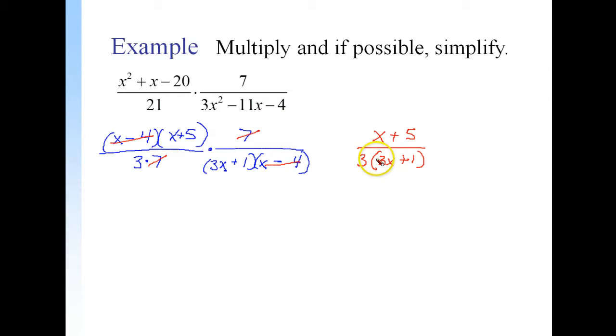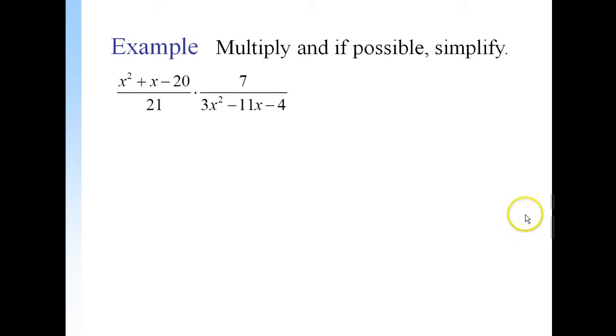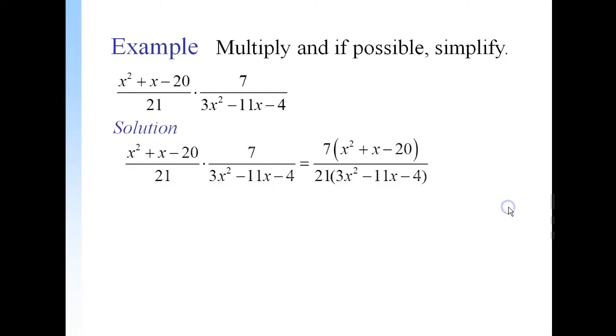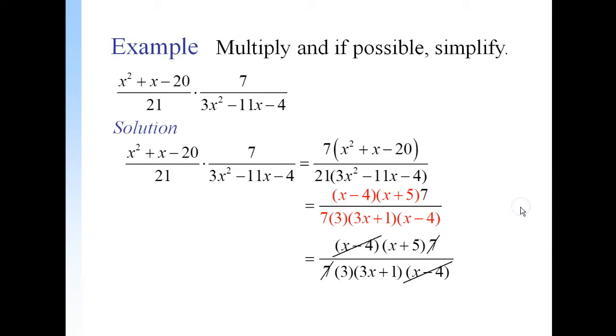Now, you could multiply through, but actually they prefer that you leave it in factored form. And there it is. Okay? Now, remember, you have access to these PowerPoint slides through your math lab.